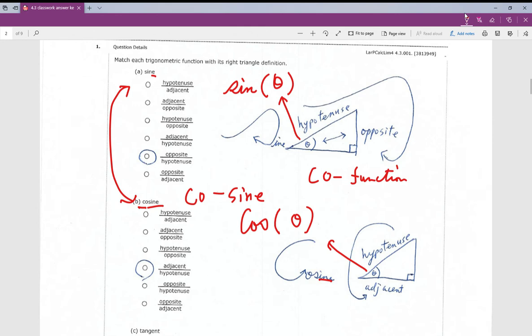The definition of the sine function is opposite divided by hypotenuse. In a circle, the hypotenuse will be the radius. The definition of the cosine function is adjacent divided by hypotenuse. Following those definitions, these two functions are cofunctions.